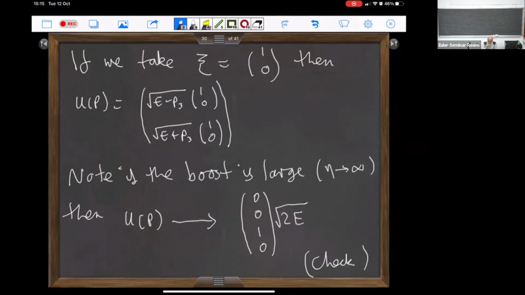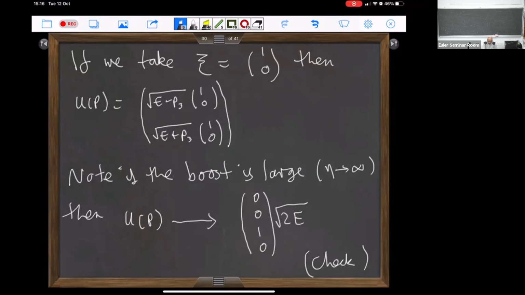Now, another thing which is sometimes important in particle physics calculations at high energies is the following. Let's take zeta to be the (1, 0) spinor, so we're just looking at the spin up solution. Then u takes this simplified form.